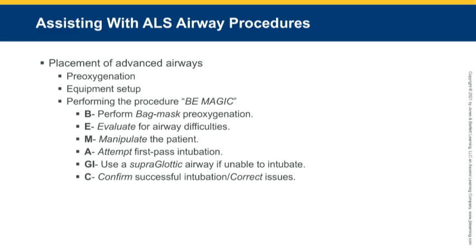Your responsibilities may include pre-oxygenating the patient using a bag mask device, BVM, to improve oxygen saturation before intubation, assembling and checking airway equipment for functionality, providing suctioning assistance to clear the airway, and securing the advanced airway device once it has been placed. A useful acronym to remember this process is BMAGIC.